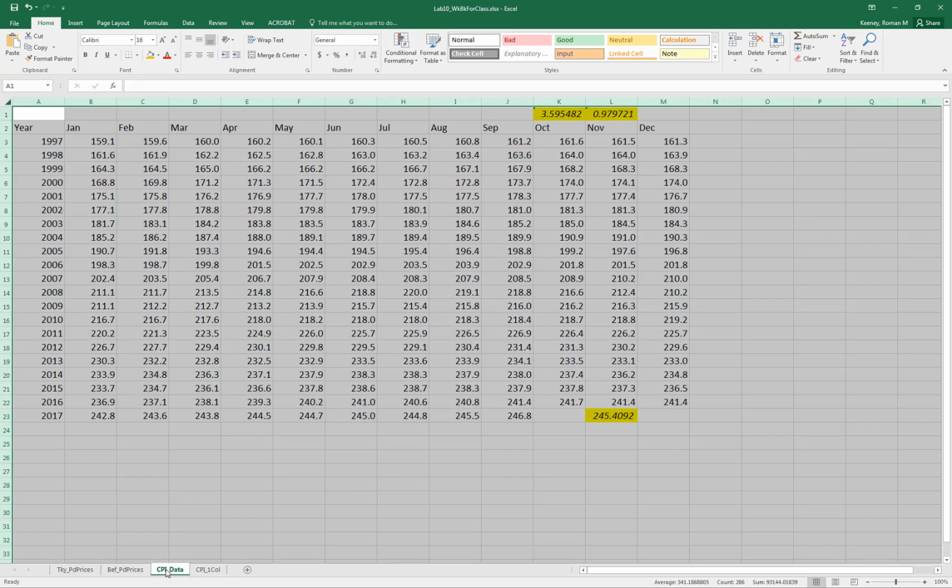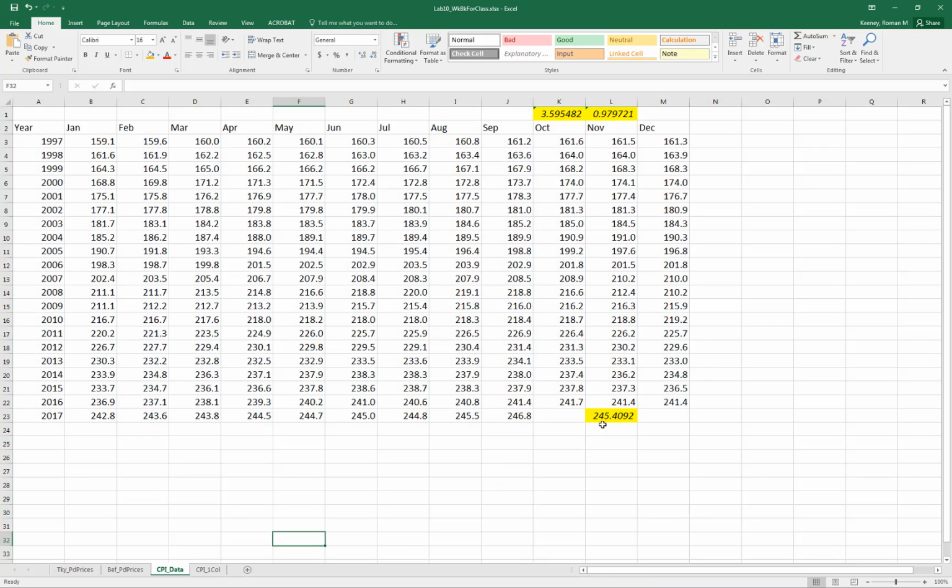Same thing needs to be done for the CPI data. We don't have a CPI yet for November 2017, but we have September information, and we have a time series of data that can be used. And so again, the same thing that we've done before, so we can predict this using an intercept and a slope multiplied by the September value for the CPI.